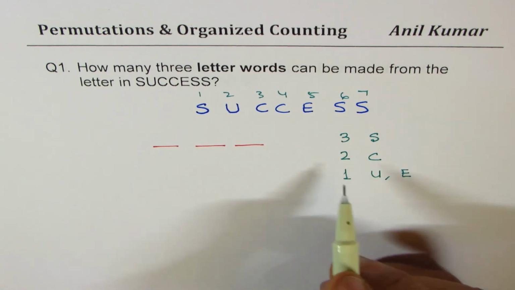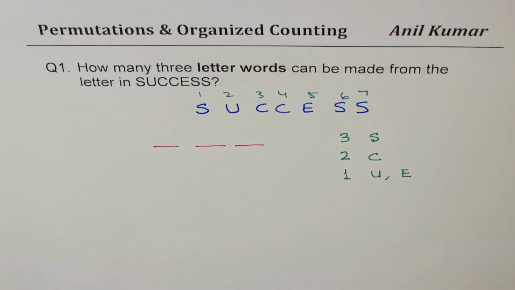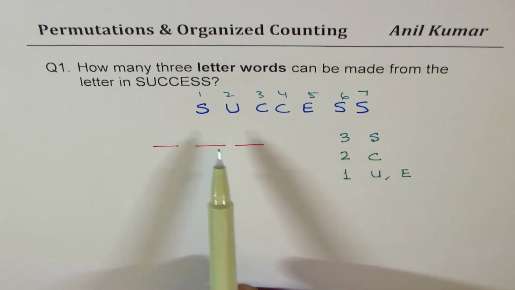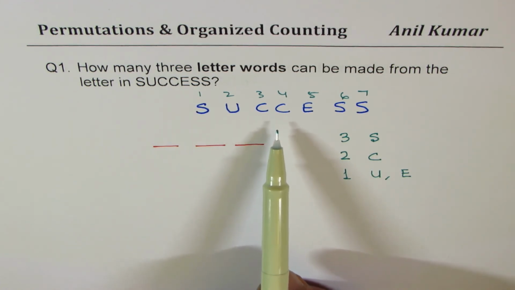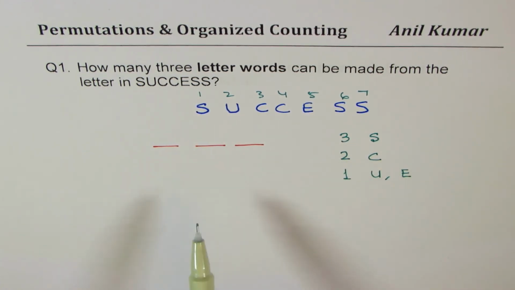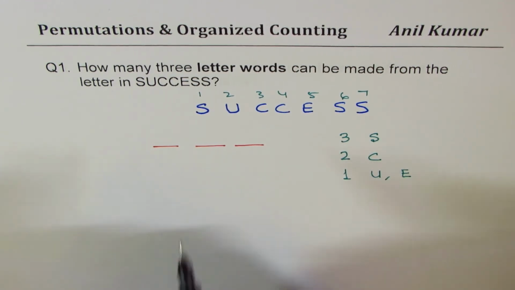So these are all 7 letters. Now since you can see some letters can come twice, some can even come 3 times, in this case we should actually go with cases. So let's see how to organize our cases.